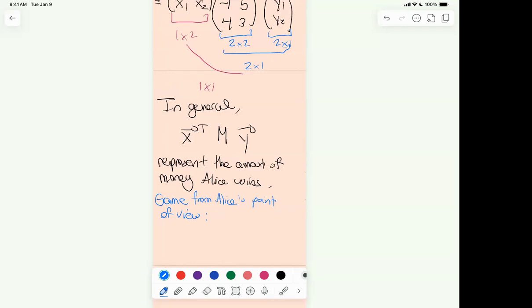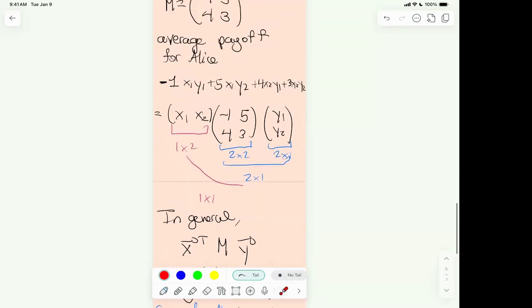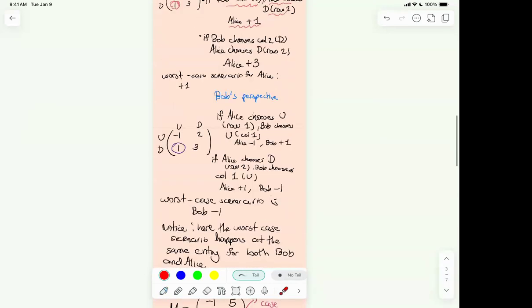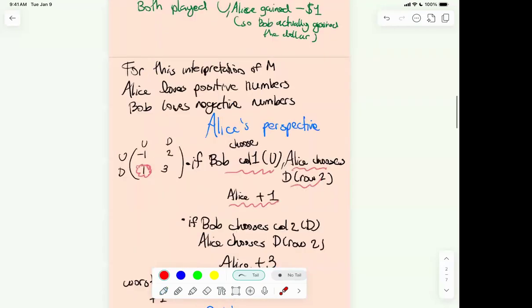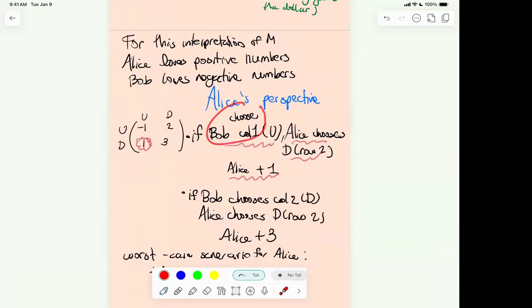When we were analyzing the game from Alice's perspective, we were thinking, well, what if Bob chooses column one, or what if Bob chooses column two?